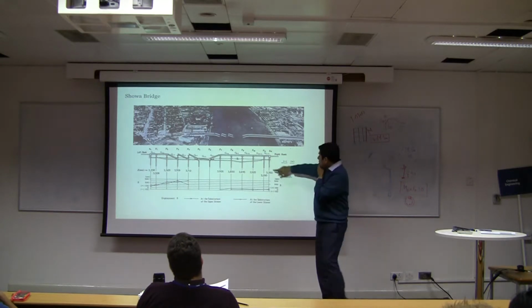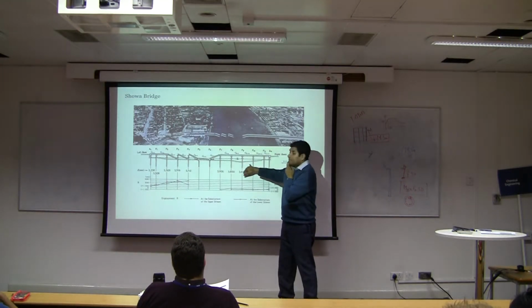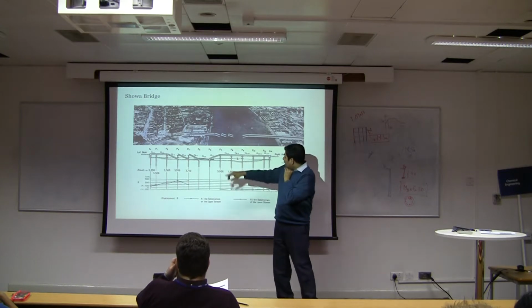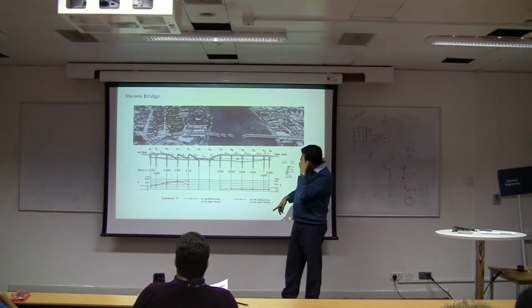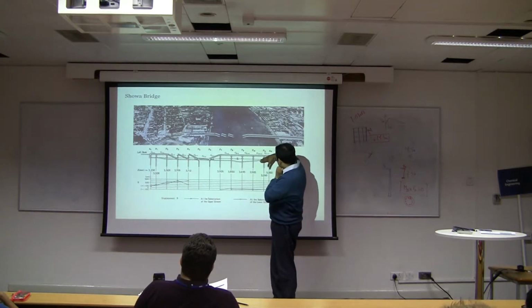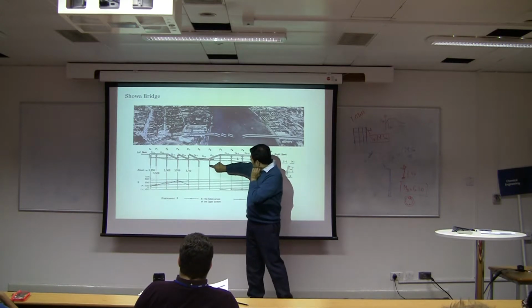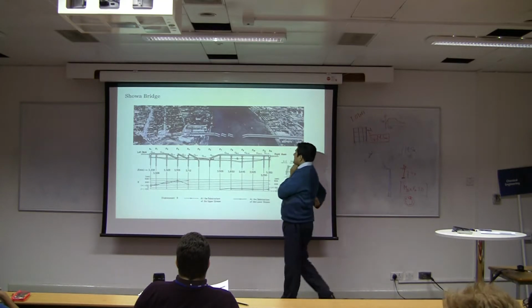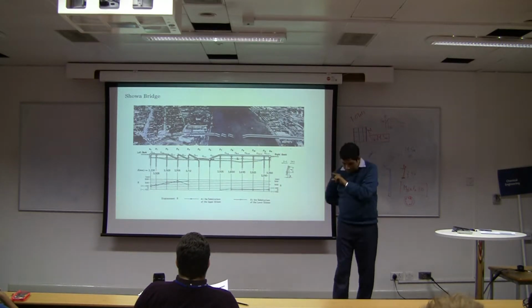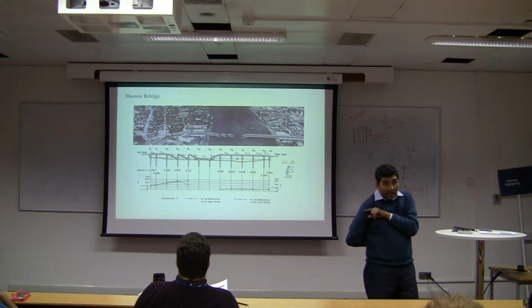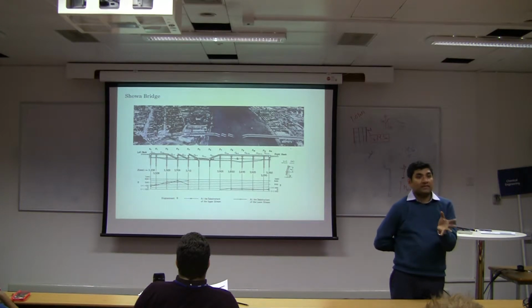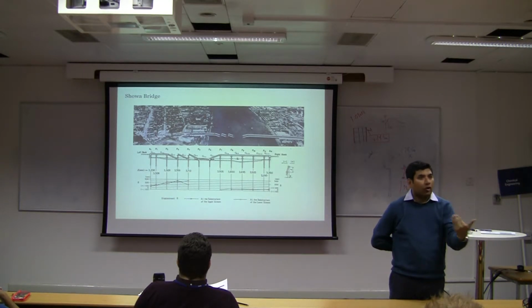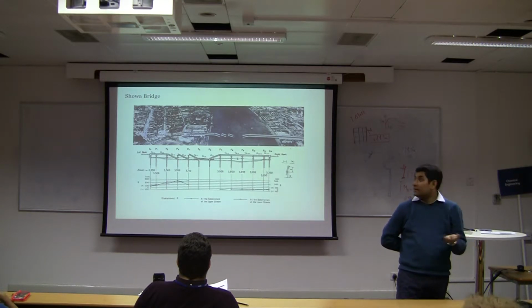So you expect that these would fail first. But this didn't fail. Also, if the flow was in that direction, this pile should have failed the other way. Right? So that means the way we design, against bending failure still now, doesn't capture all the mechanisms that happen during an earthquake.